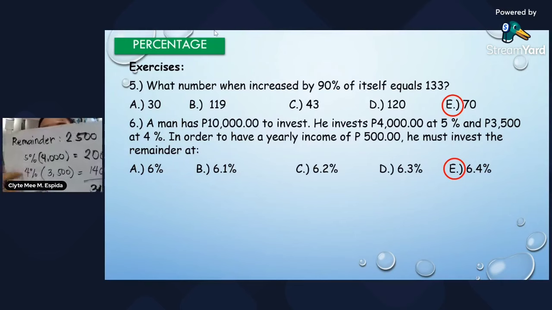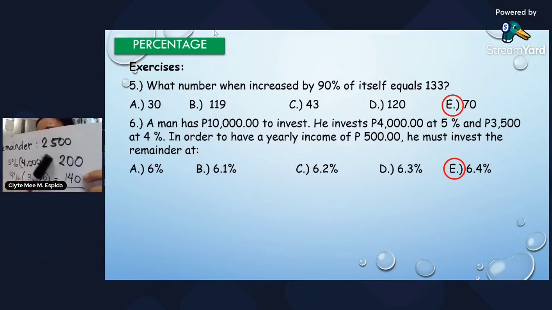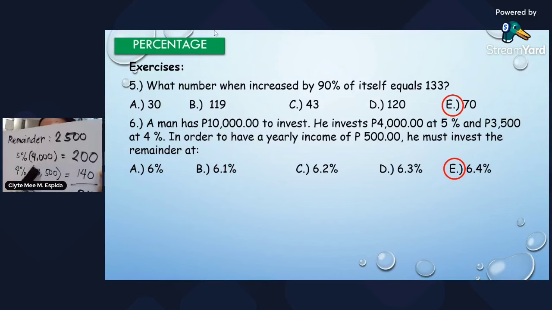So, kukunin natin yung 5% ni 4,000. So, 5% ni 4,000 is 200. And next, you have 4% naman ni 3,500. That is 140.